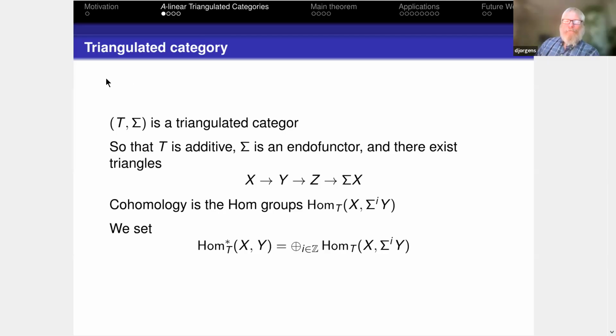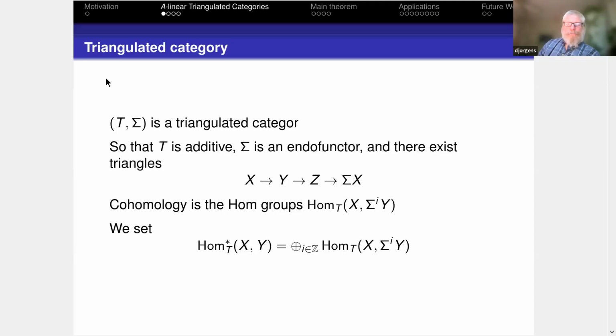So anyway, for the talk, I'm going to let T denote a triangulated category, and sigma is the shift functor, the endofunctor. So T is an additive category with the sigma endofunctor, and then we have the class of distinguished triangles.